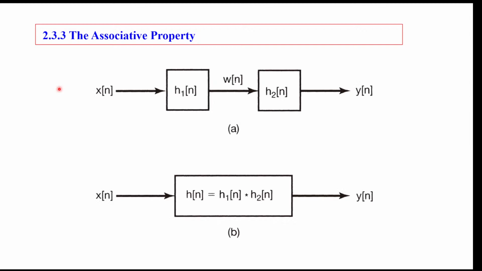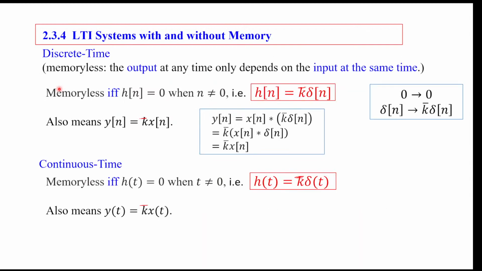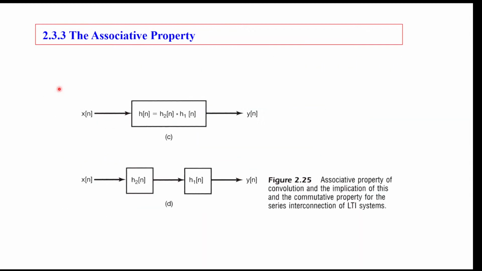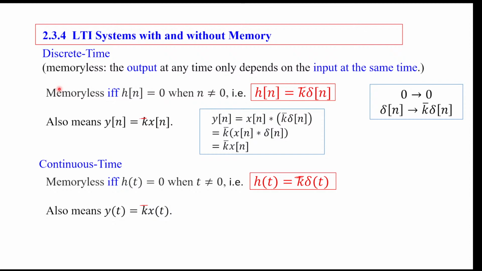Okay, and if we are okay with convolution, then let's talk about system properties for LTI systems. The first property we have is that the system is with or without memory.